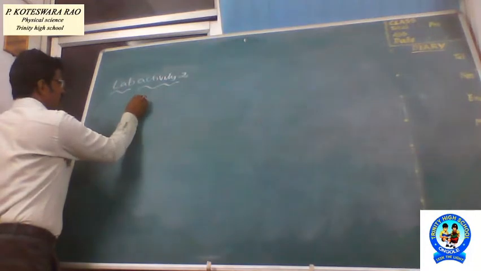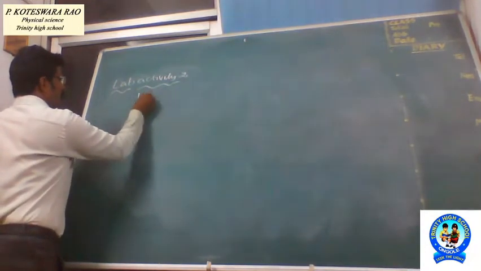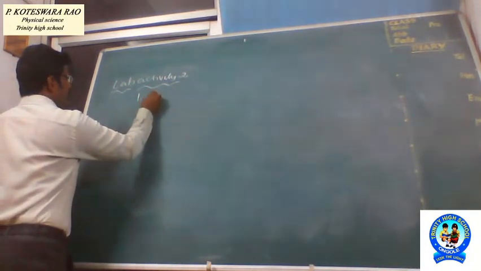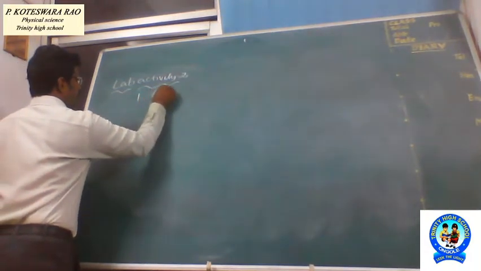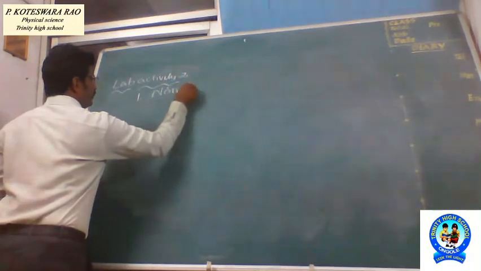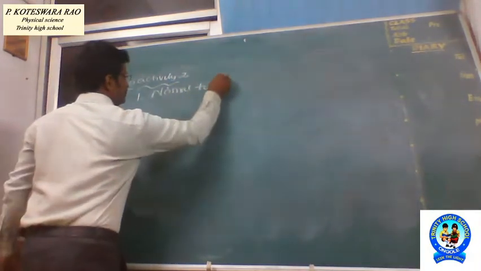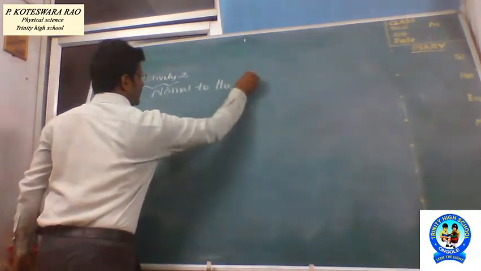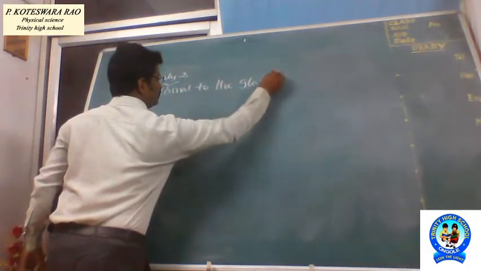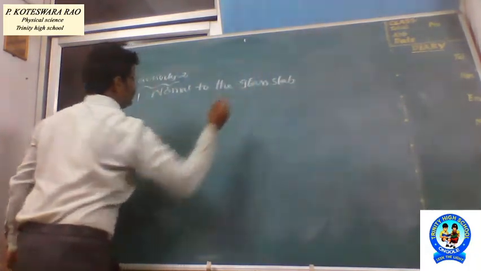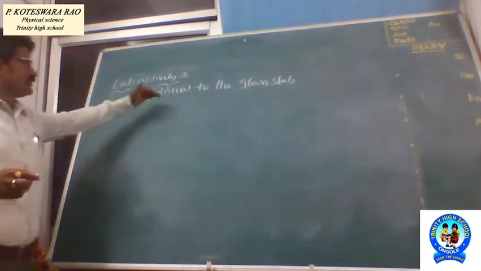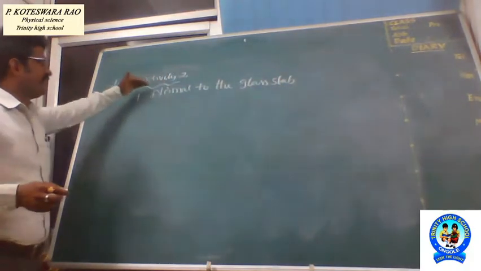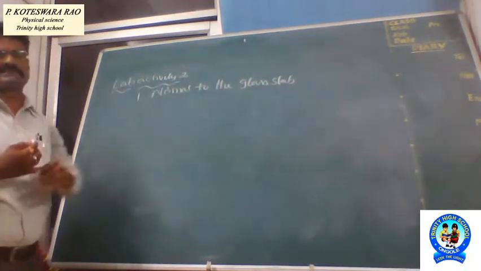What is the first one? What happens when a light ray travels normal to the glass slab?